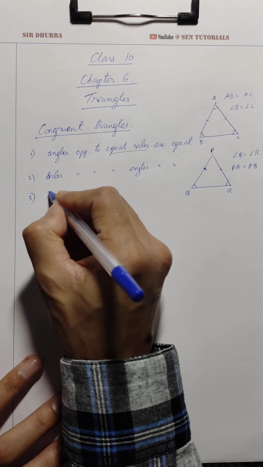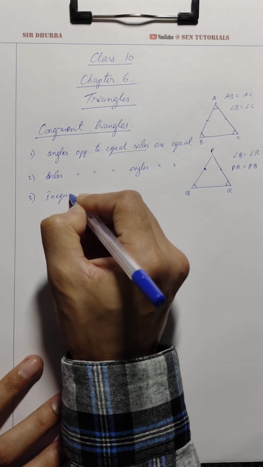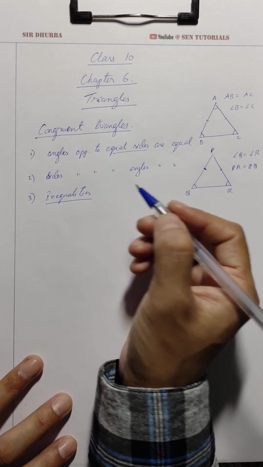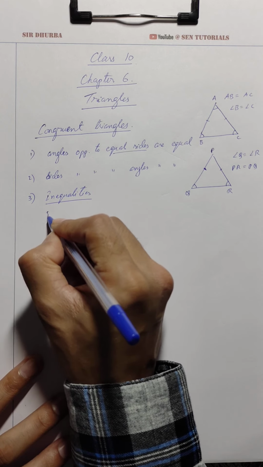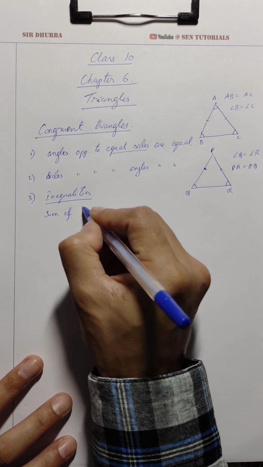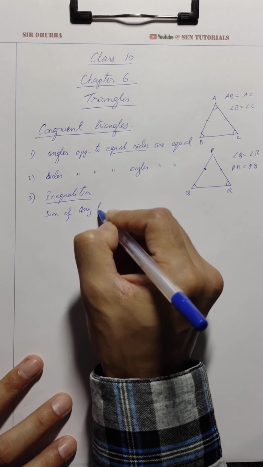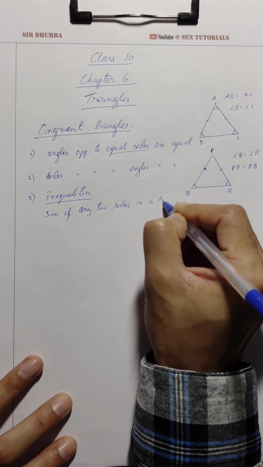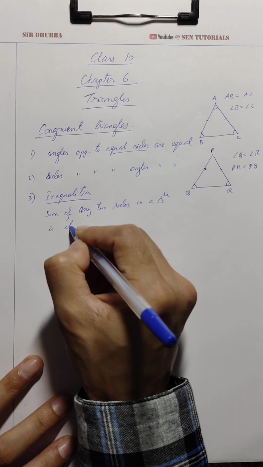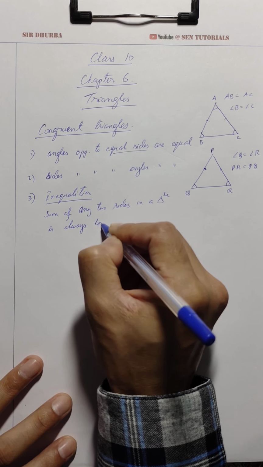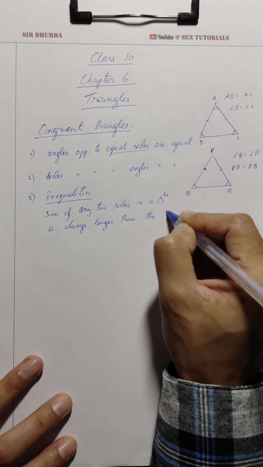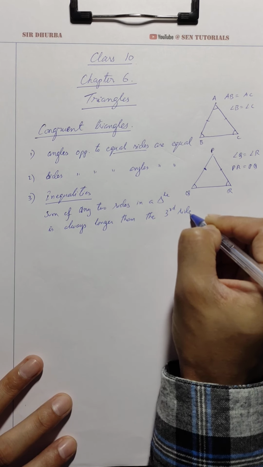Then we have learned about inequalities in a triangle, which says, in brief only, okay, the sum of any 2 sides in a triangle is always longer or bigger than the third side.